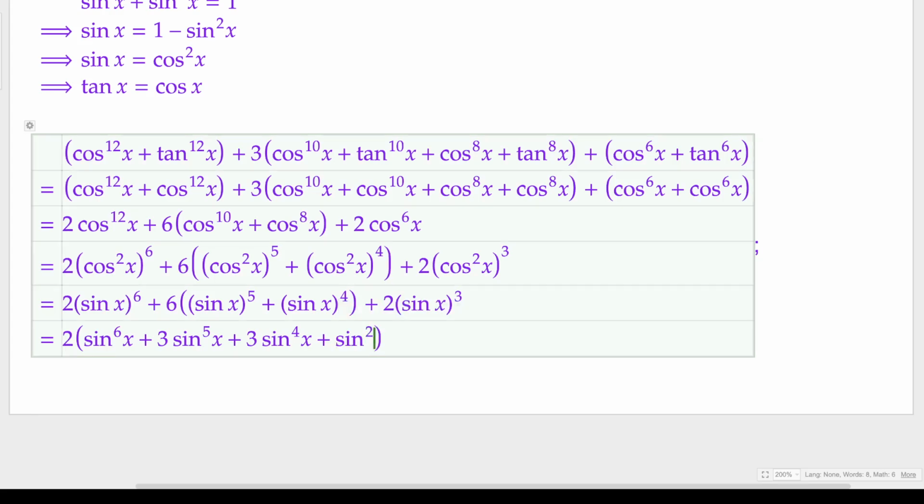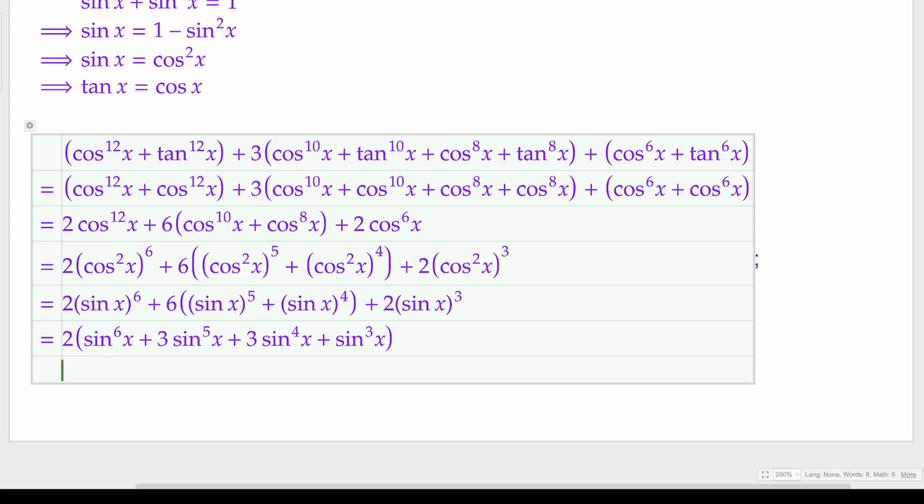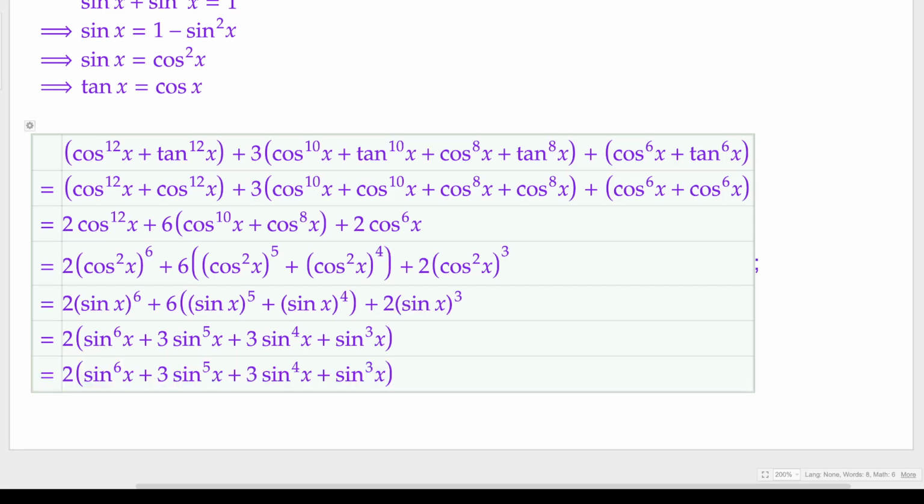Sine x cube. So here cube will be there, right? Now this part is done. Now from this we can observe that this sine x cube is something which is again common. So I will take this one. I'll factor this sine cube x as well. Now in this part, I'll take sine cube x as the common factor.